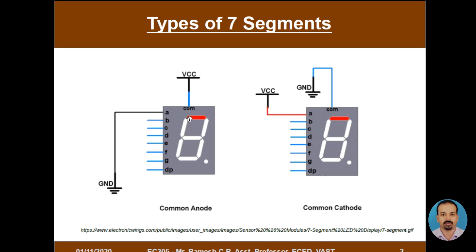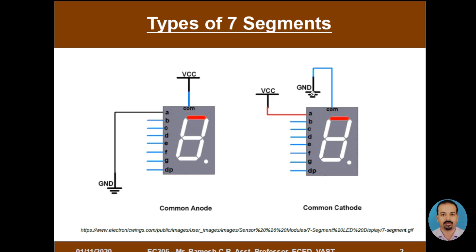In order to turn on each LED we need to provide a logic 0 to the corresponding segment pin. And if the cathode terminals of all the segments are connected together to a single pin, and to enable the LED this common pin should be connected to ground, that is common cathode.